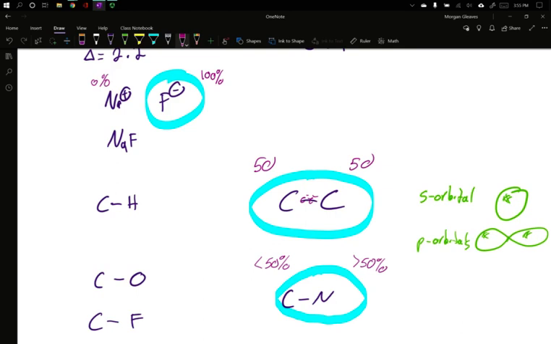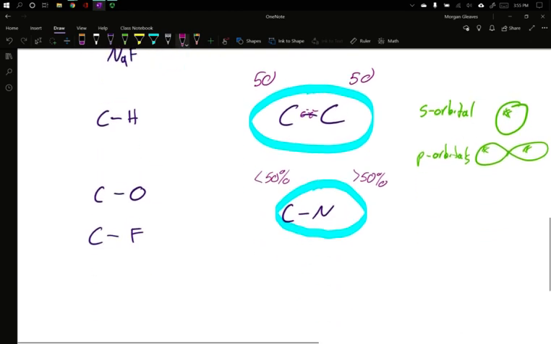As we start to push those electrons a little bit more towards nitrogen, we start to develop a little bit of charge. It's not a full negative, and so we write a delta symbol. It is a partial negative. And the carbon starts getting a little positive, but not all the way, so it is a delta, a partial positive.